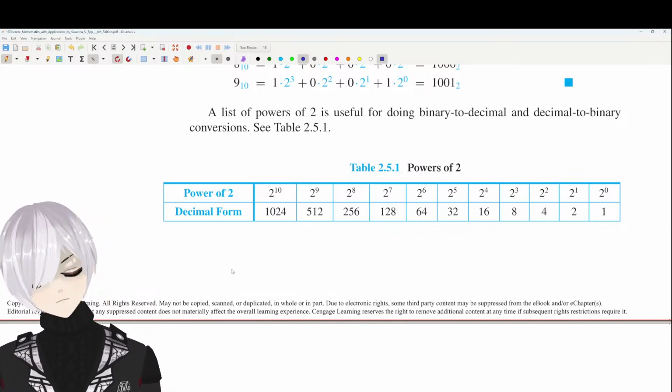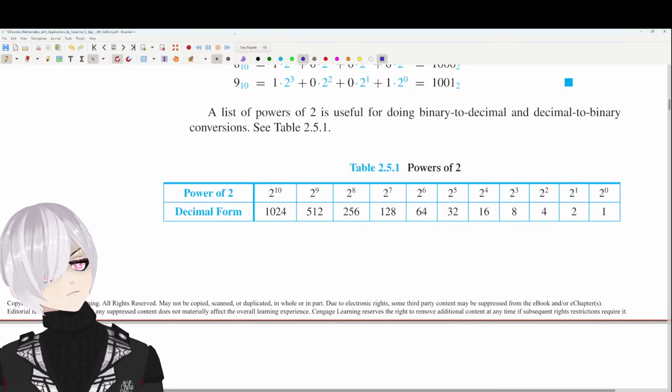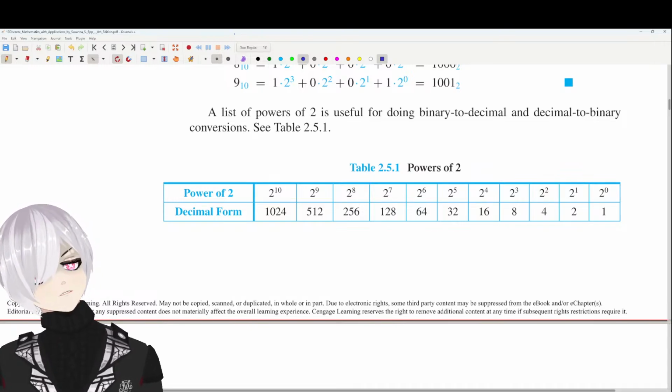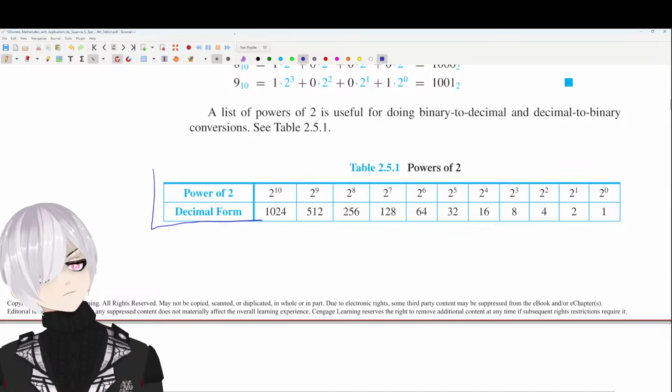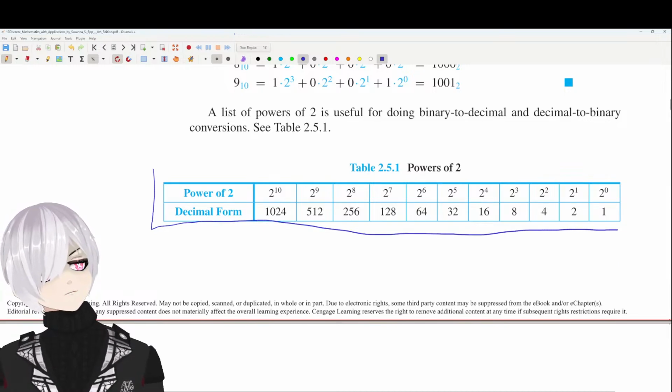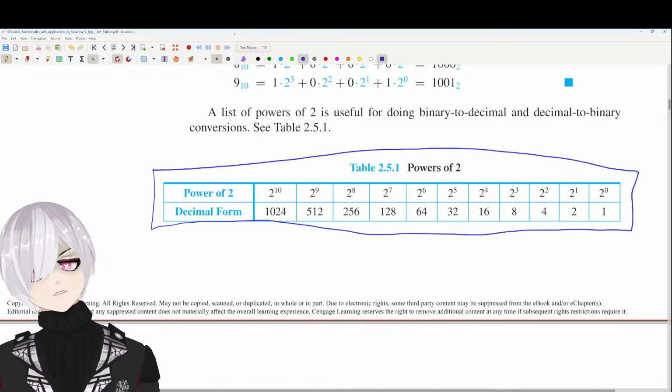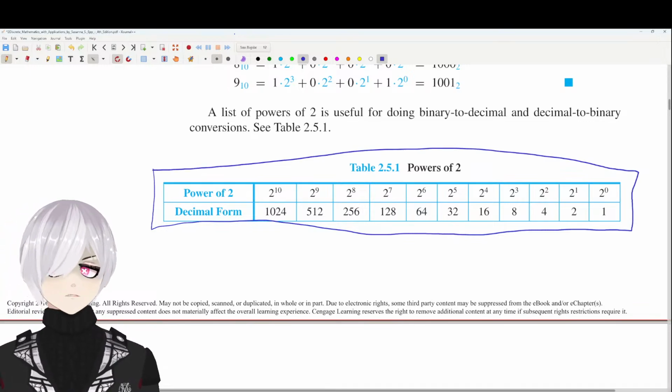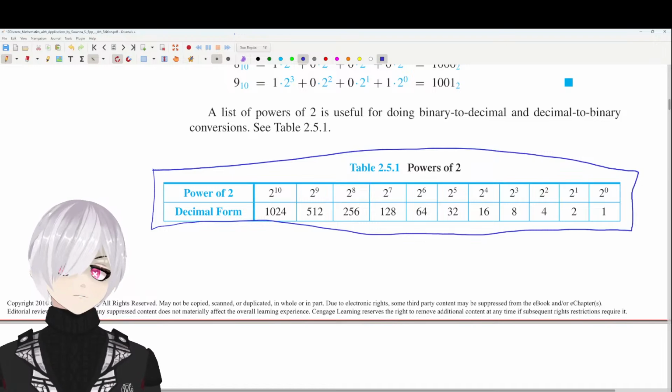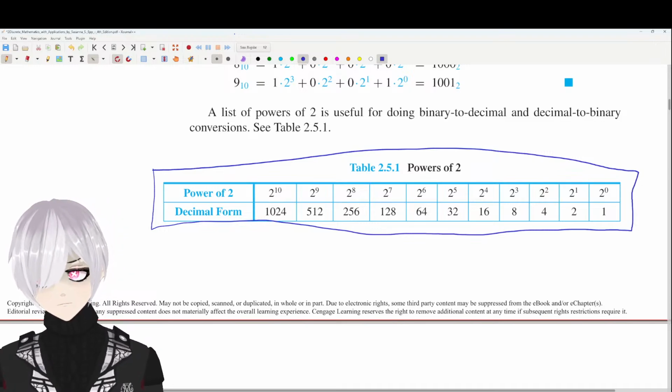So when they say a list of powers of 2, do they mean a list in conjunction with their decimal form? Yeah, like a map. Exactly. That is helpful.